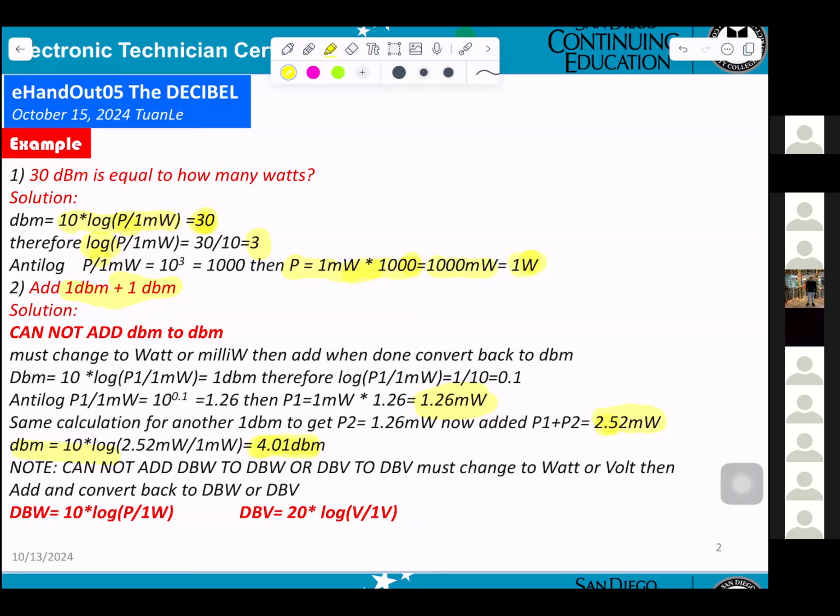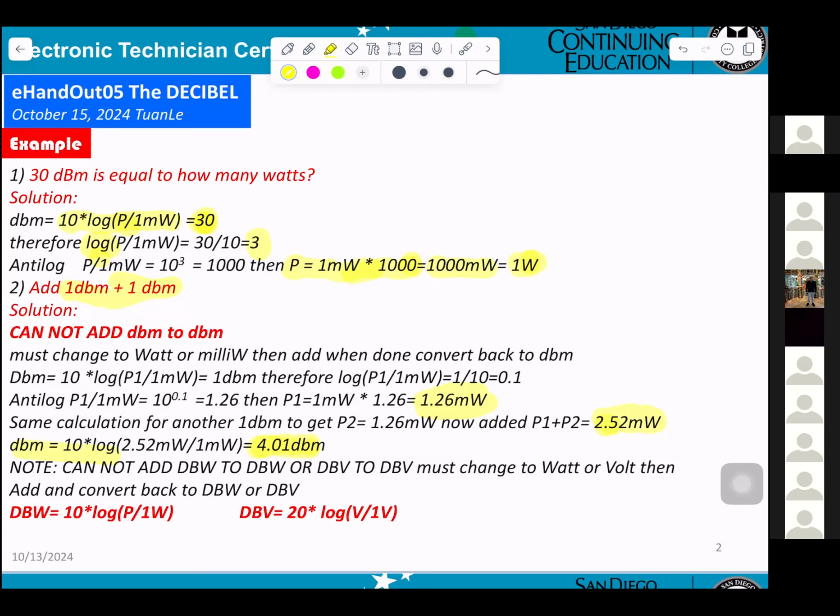So we have to remember that dBm is when we're doing power, correct? Is dBm mostly for power, or is it for power and voltage? For power.